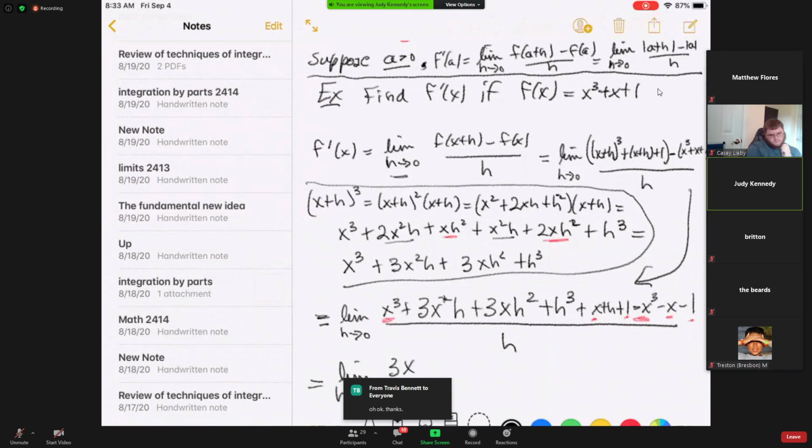This becomes 3x squared h plus 3x h squared plus h cubed. And there's still an h left over there. Every term that didn't have an h in it added out.